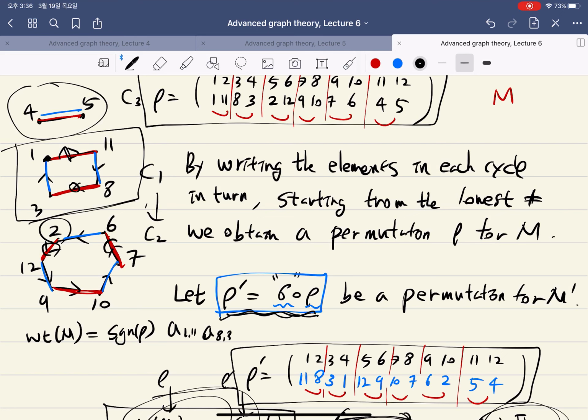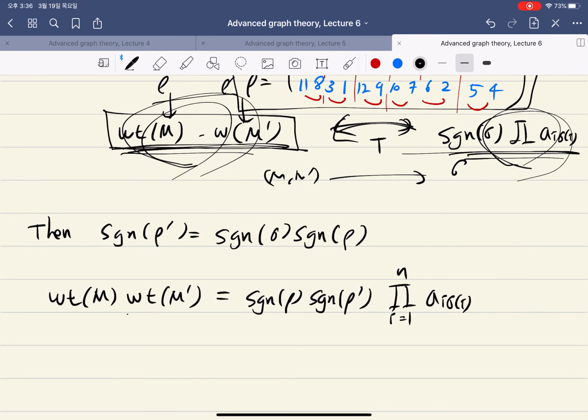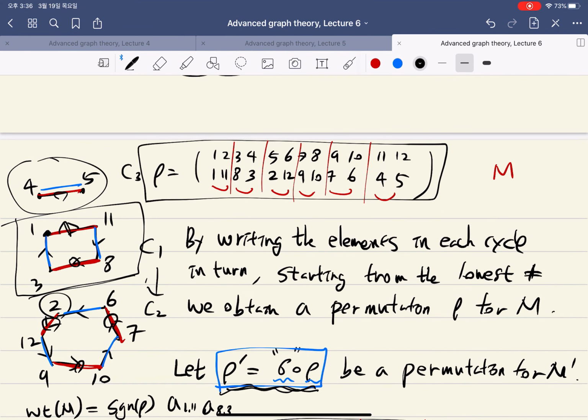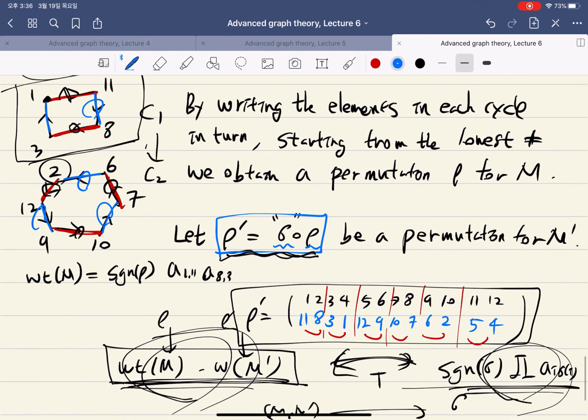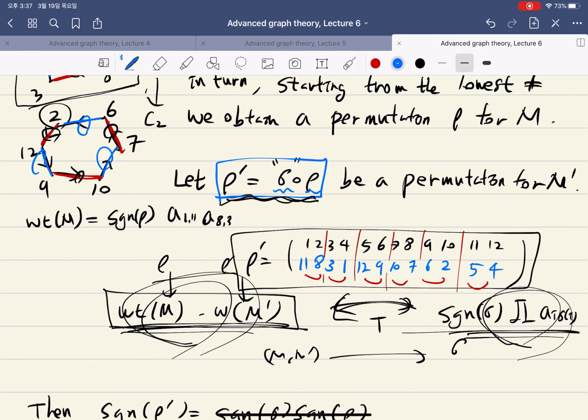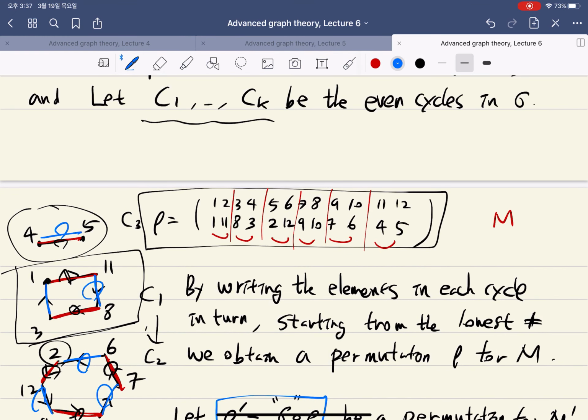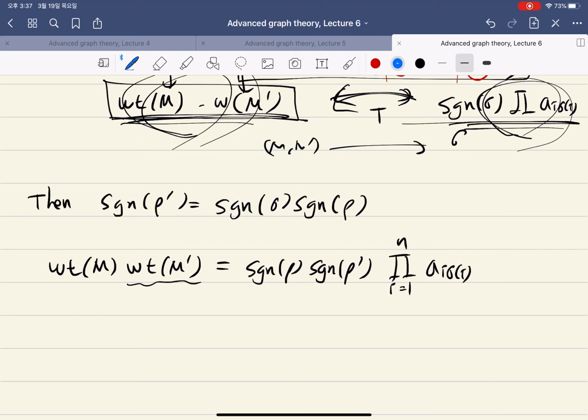And then you multiply this term. And also, the weight of M prime is you multiply the remaining terms. Here you have to take a sub 4,5 and a sub 5,4, both, so you have to multiply both. So this actually multiplies all the terms a sub i, sigma(i).